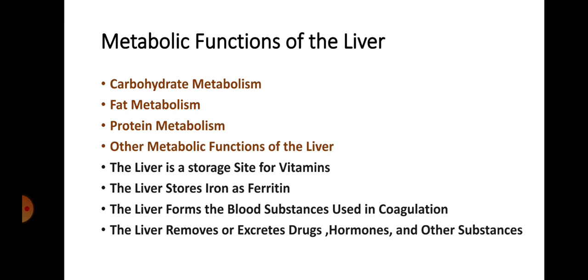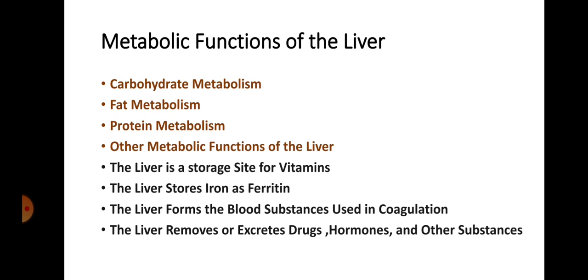To derive energy from neutral fats, the fat is first split into glycerol and fatty acids. Then the fatty acids are split into two-carbon acetyl radicals by beta oxidation to form acetyl coenzyme A, that is, acetyl CoA.